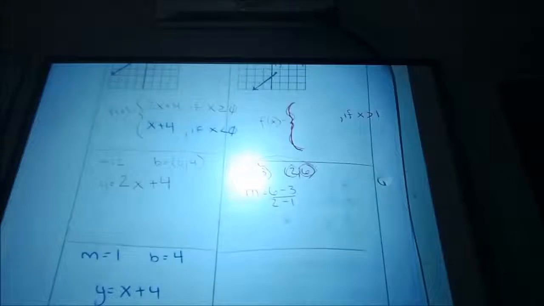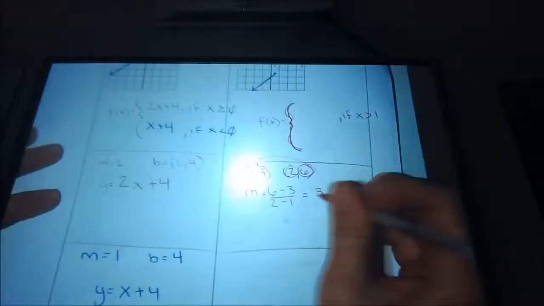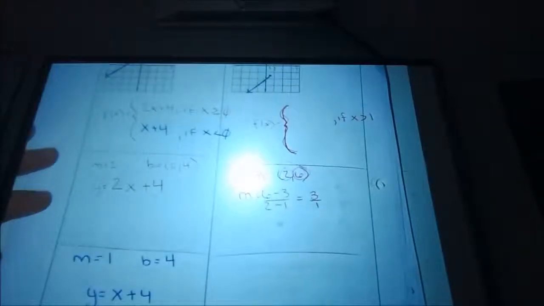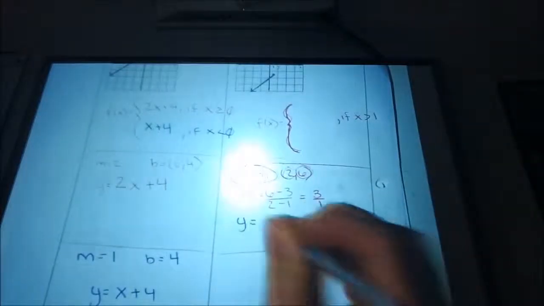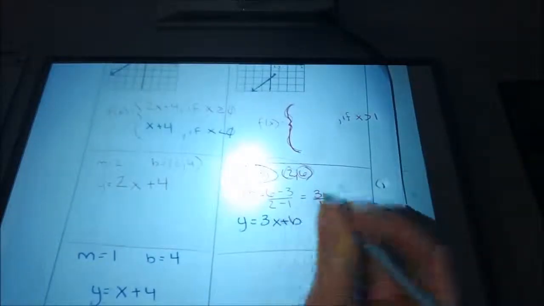What's my slope? 3. 3 over 1. So now, tell me which point you would like to use to find my b value. 1, 3 or 2, 6? Sure. So I know y equals 3x plus b. I know my slope.